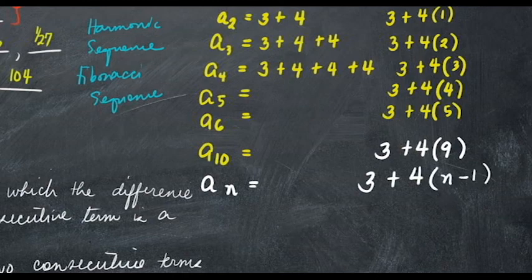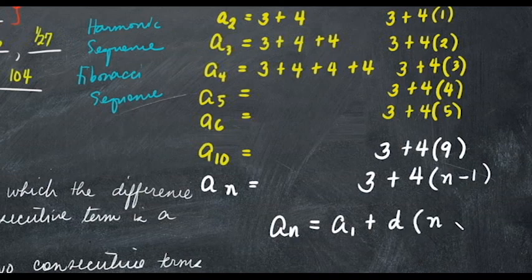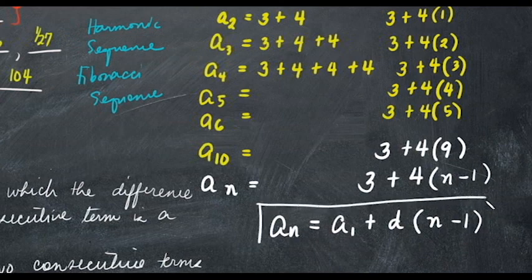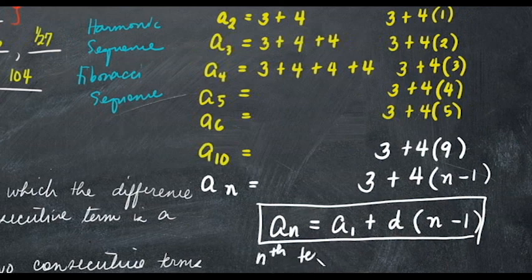Or in short, if you're looking for a sub n, then for any first term and common difference d, a sub n equals a sub 1 plus d times n minus 1. This is your formula for the nth term of an arithmetic sequence.